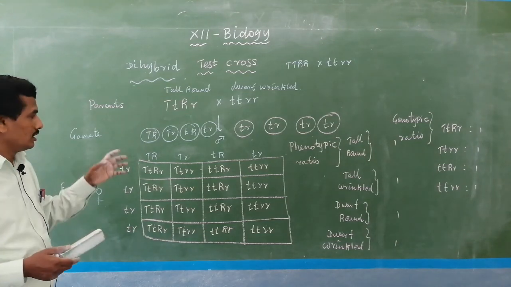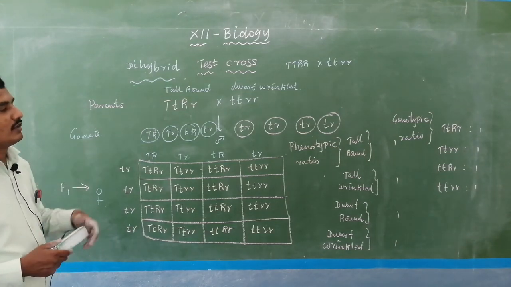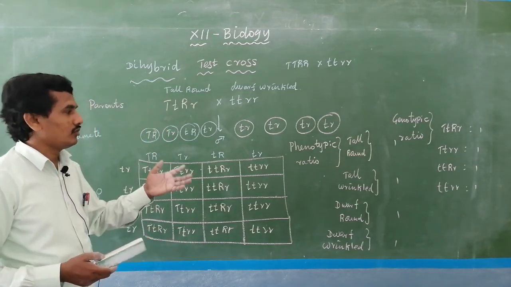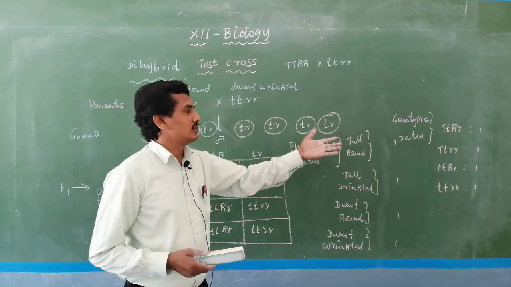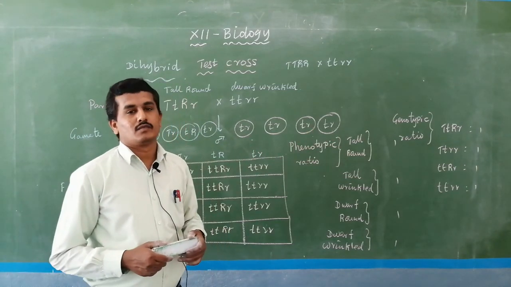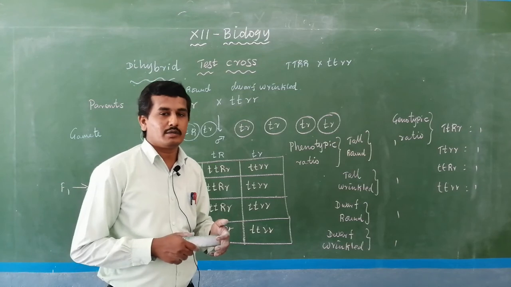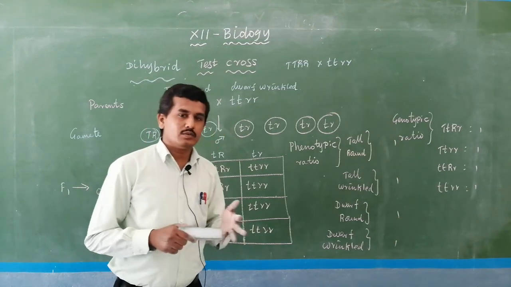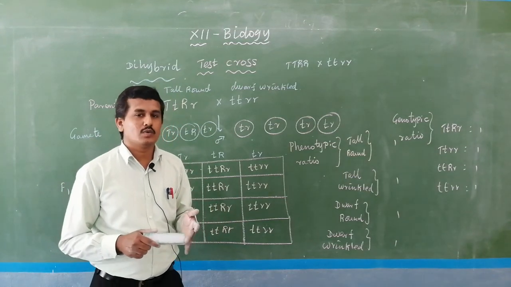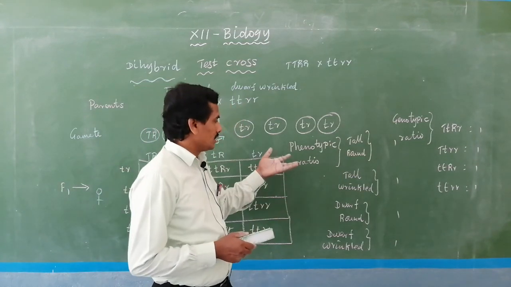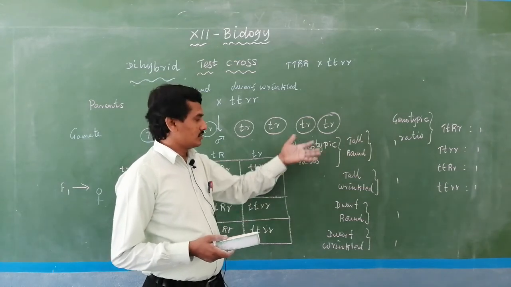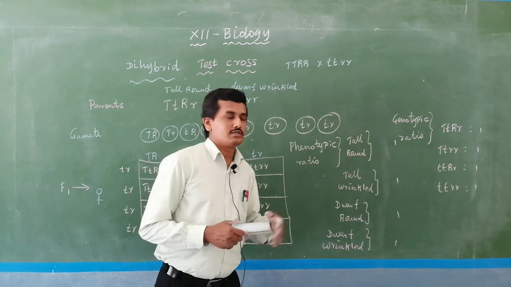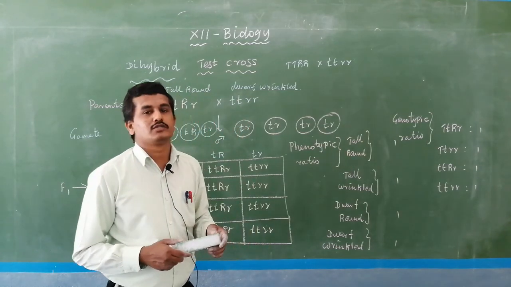The same question can also be asked in a different way: work out a cross which shows the phenotypic and genotypic ratios are similar. In a normal dihybrid cross, the phenotypic ratio is 9:3:3:1 and the genotypic ratio is 1:2:2:4:1:2:1:2:1. But in the test cross, the phenotypic ratio is 1:1:1:1 and the genotypic ratio is also 1:1:1:1.